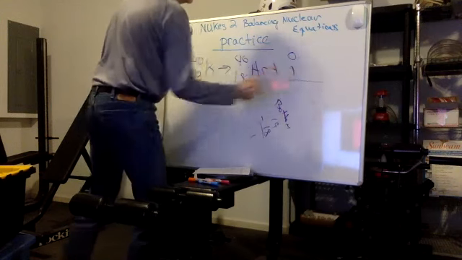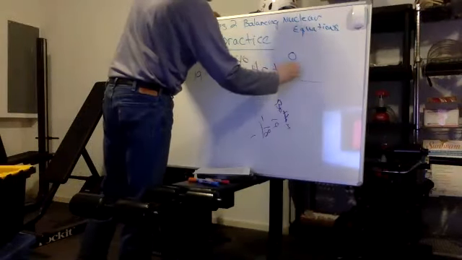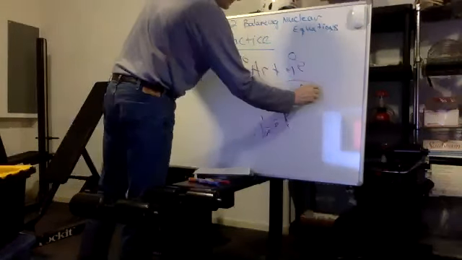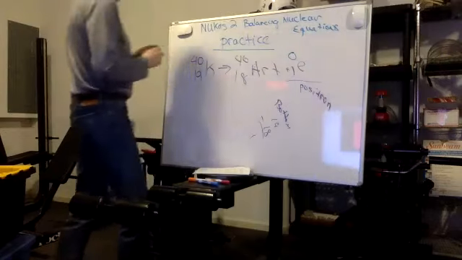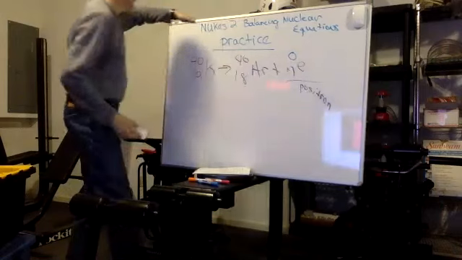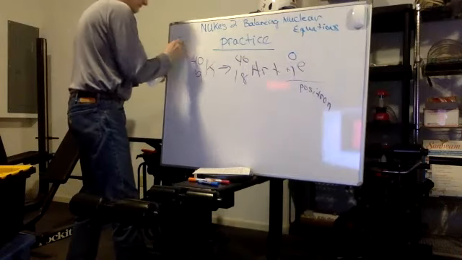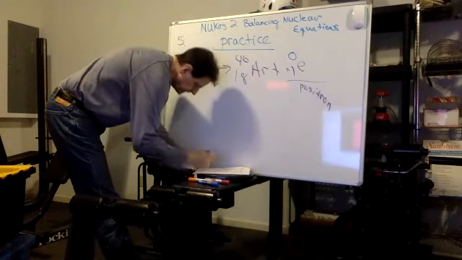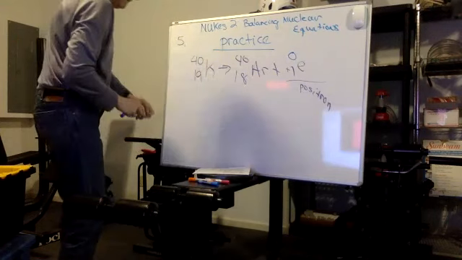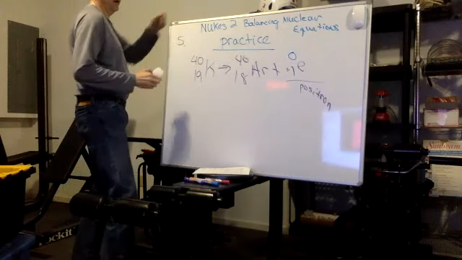It's going to be 1, and that is going to be a positive 1, and that's going to be a positron. That's number 5.